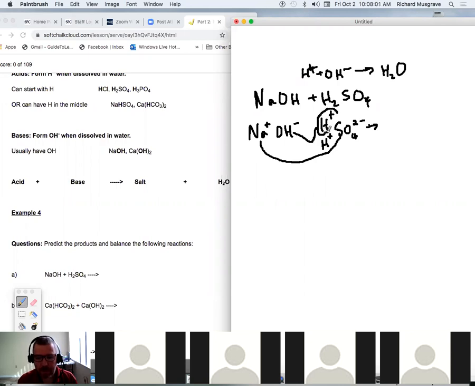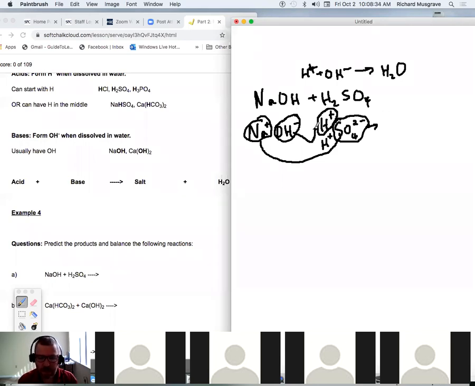A really important point here, though, is that we're only considering what happens with one of each of these. One of the biggest points of confusion that this produces is the fact that it seems like I'm ignoring this poor H plus down here, not taking it into account. In reality, what I'm doing is I'm just trying to figure out what the compounds are on this side, and then I'll handle the balancing later.